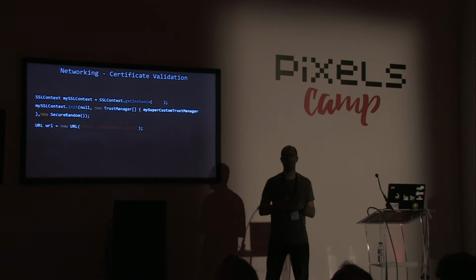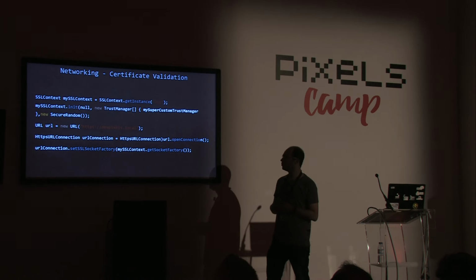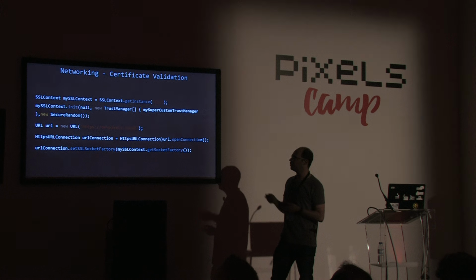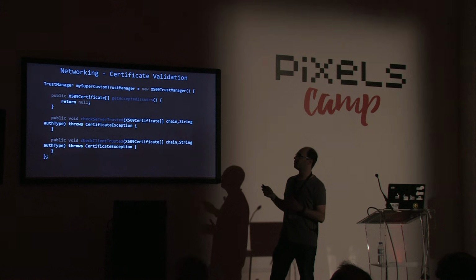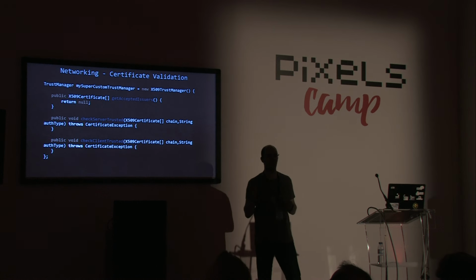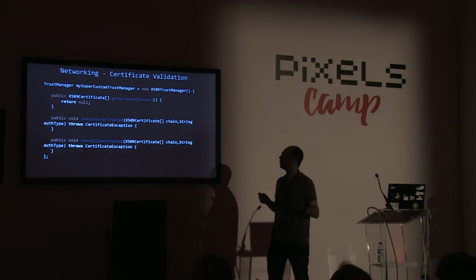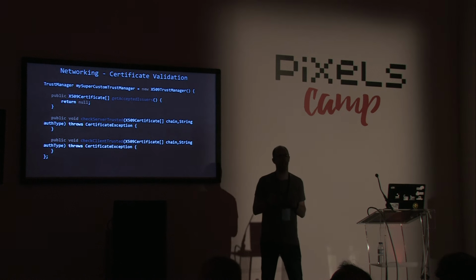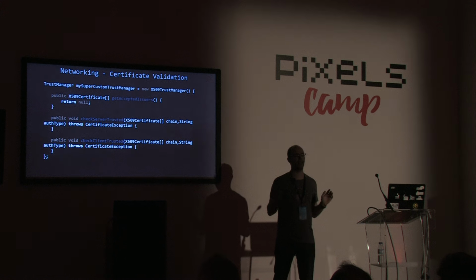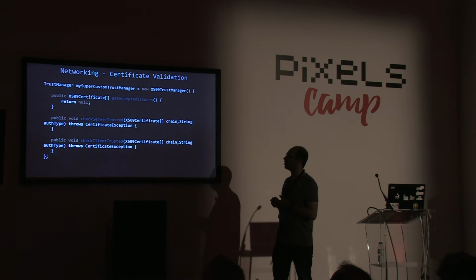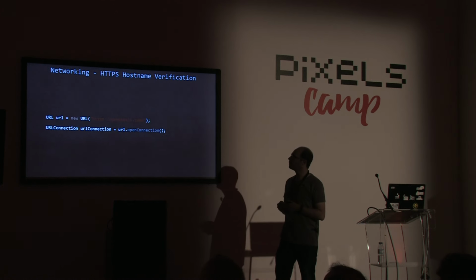I'm going to make the request and create a socket factory with that context. And what is going to be the structure of that custom manager? So, this is the issue. Here we have basically a structure without doing anything, but hey, the error went away. So, okay, mission accomplished, I can continue my development. This is the first scenario.